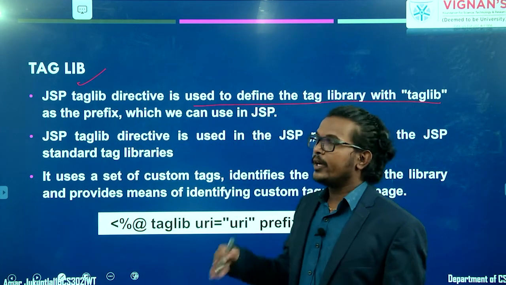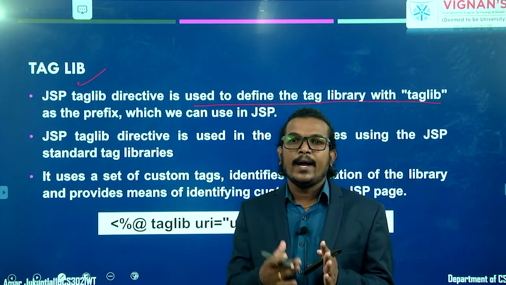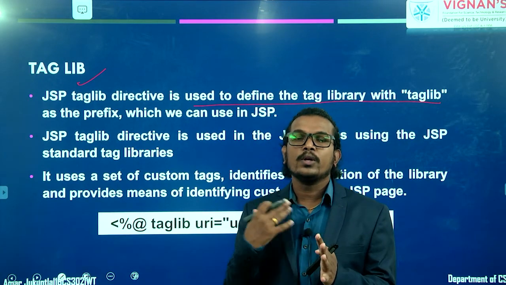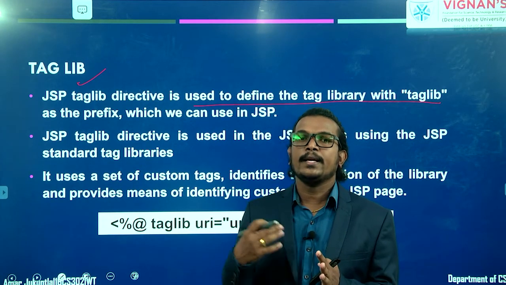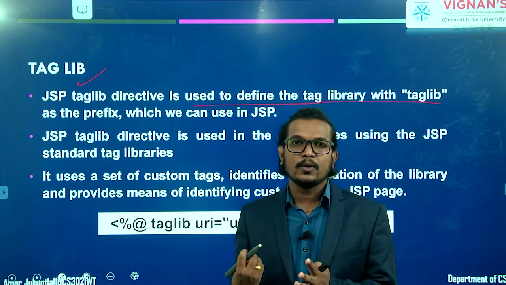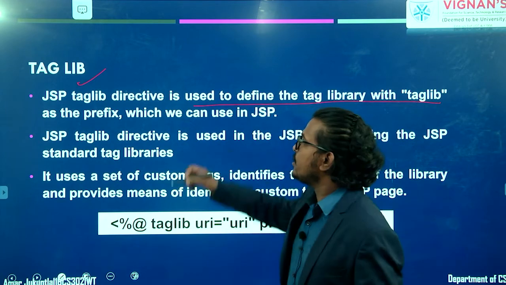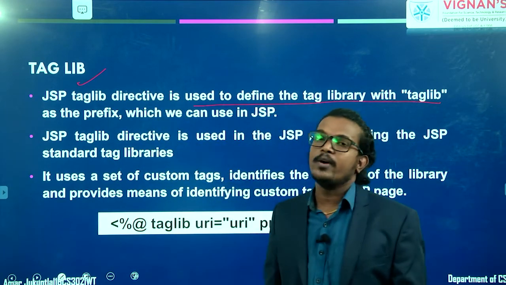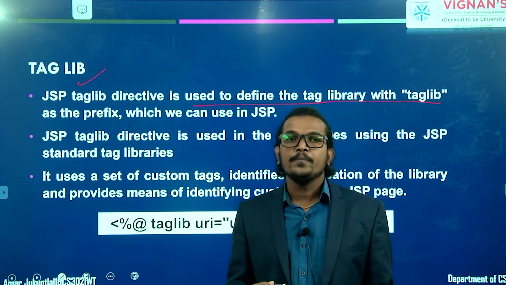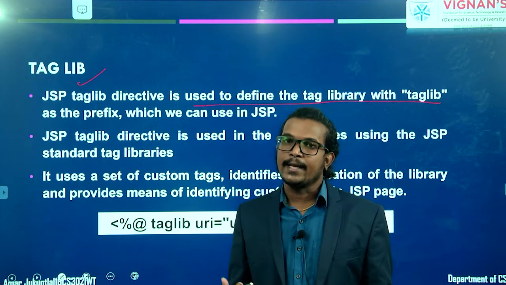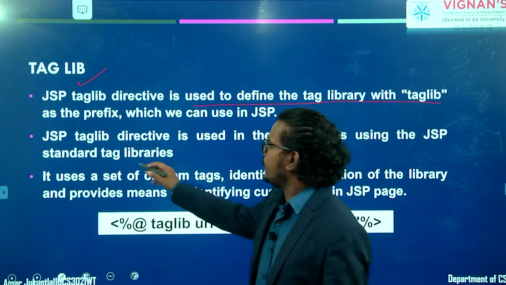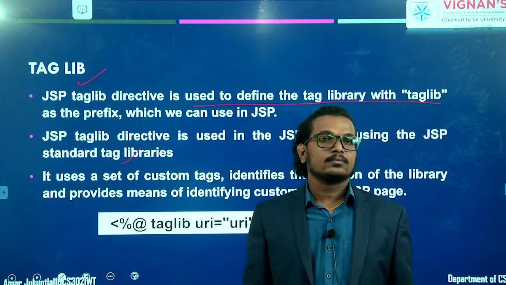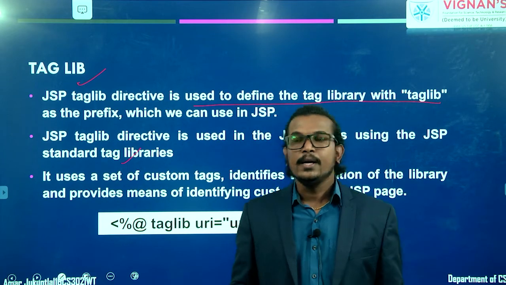We are designing our own custom tags. Once your custom tag definition is over, you have to call those tags, right? So with the help of this tag directive only, we are calling those custom tags, or user defined tags.